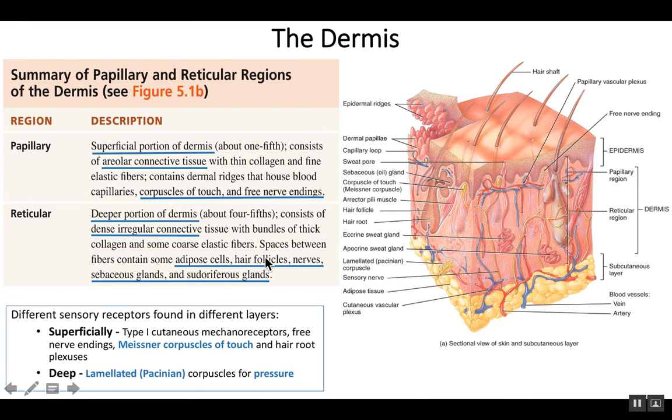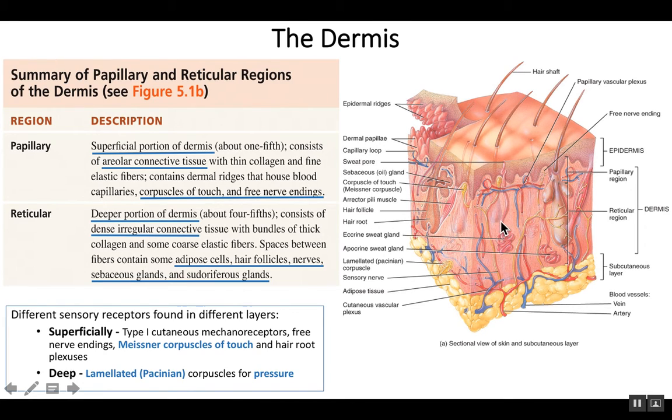There's much more of the hair follicles found deeper in the reticular region. There's a lot of the glandular portion of sweat glands down in these regions. So you'll notice these are sweat glands, and the structural component that produces the sweat is deep down in the reticular region.